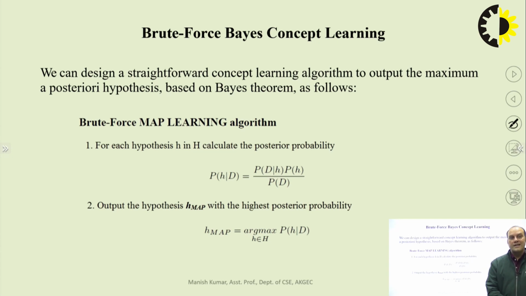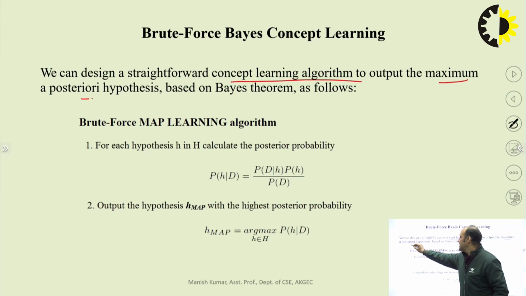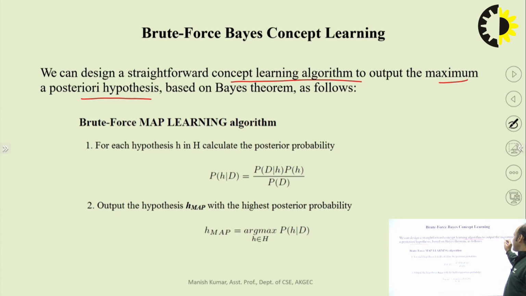So we can design a straightforward concept learning algorithm to output the maximum posterior hypothesis, based on Bayes theorem, which we call the brute force MAP learning algorithm. Number one: for each hypothesis h in H, calculate the posterior probability from our formula of Bayes theorem.